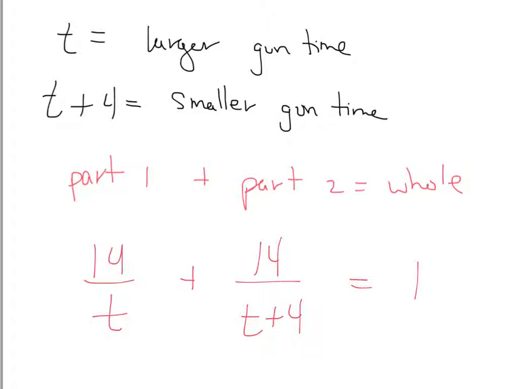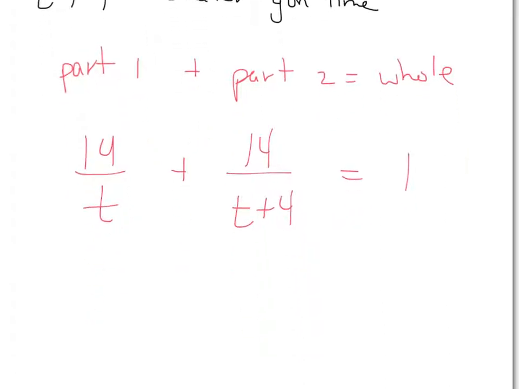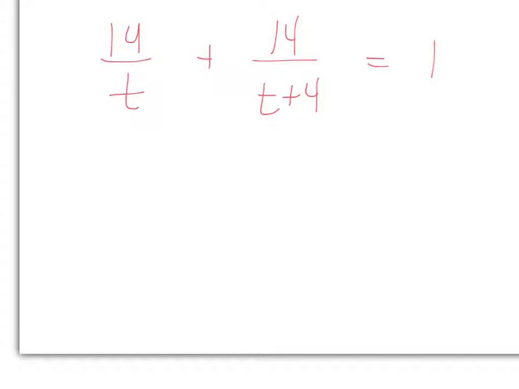So the easy way to remember this, part 1 plus part 2 is fine, but the way I have written it down for students, when it's a combined job problem, is time together, which is 14 hours, that was told, took them 14 hours together, over time alone for number 1.